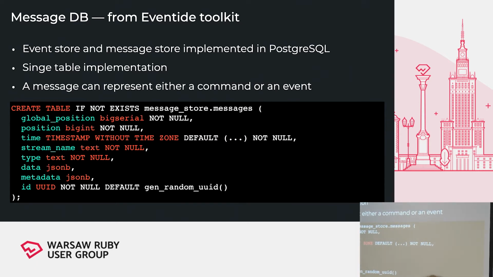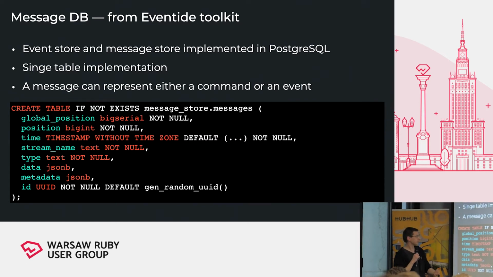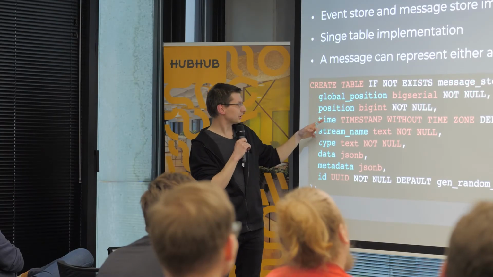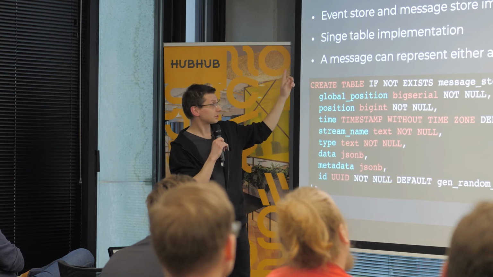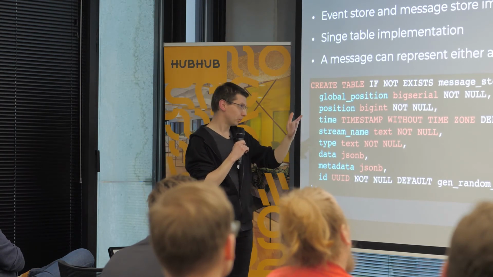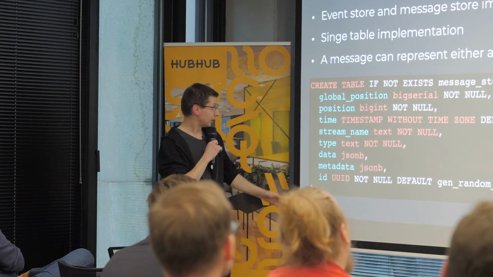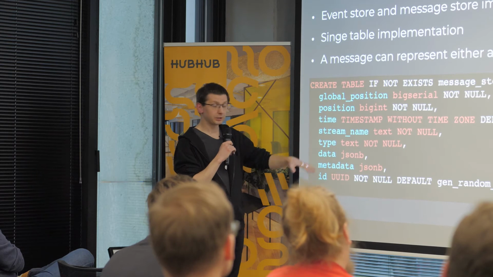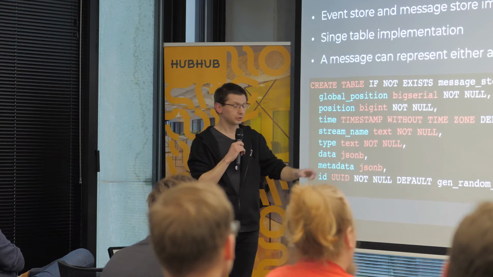We have a global position. Every time a message is created, it gets a sequential global position. We also have a position, which is a position inside of a stream. When a stream is created, the first one is 0, the second one is 1, and so on. Time, when it has happened, type, and the most meaningful one, data, and that's JSONB.